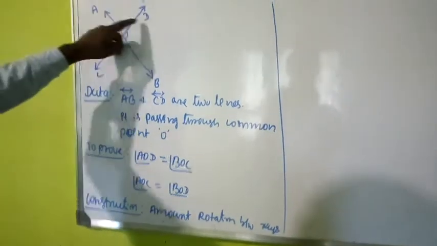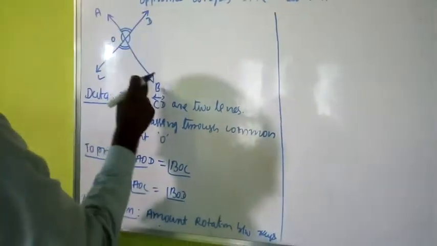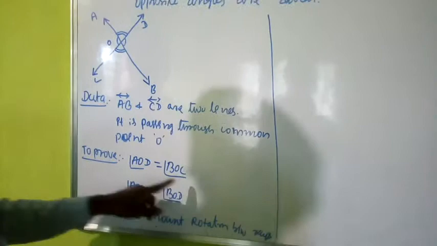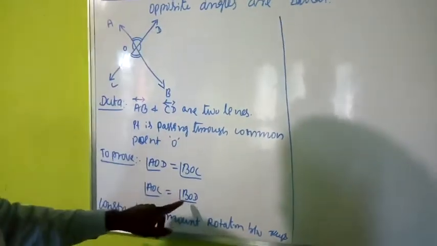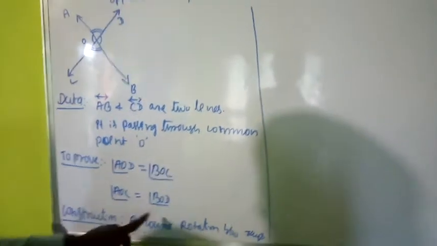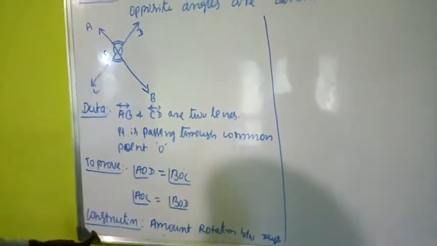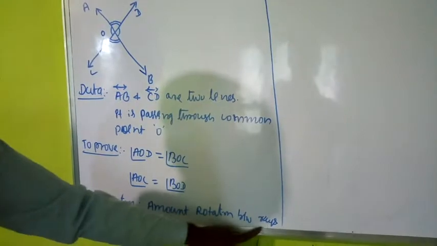Next, angle AOC is equal to angle BOD, that is what we are going to prove. For this, the small construction we did is the amount of rotation between the rays. Okay, so next, the proof.